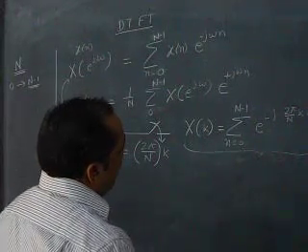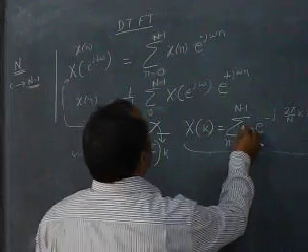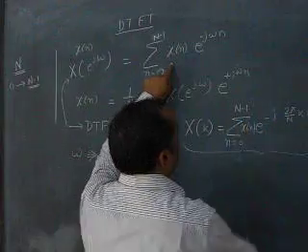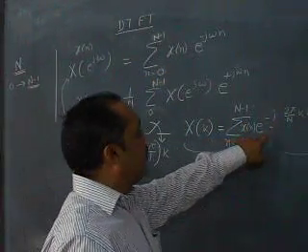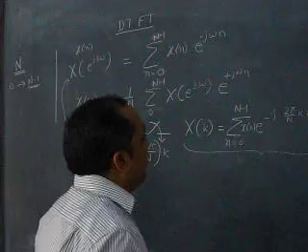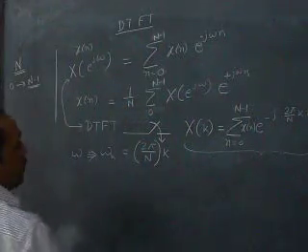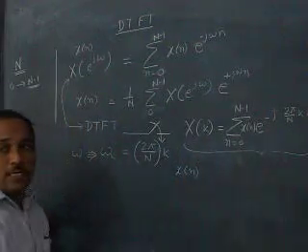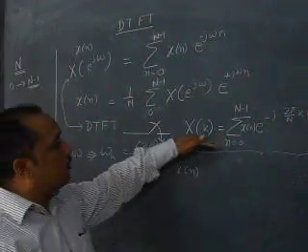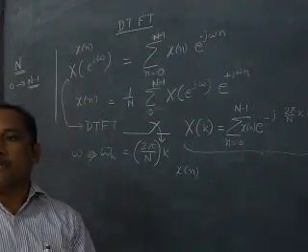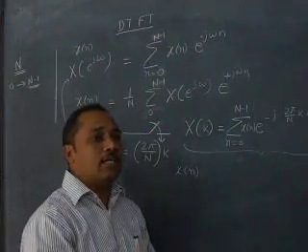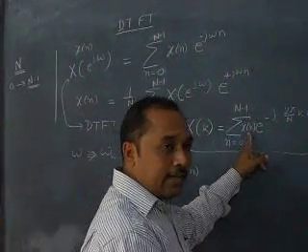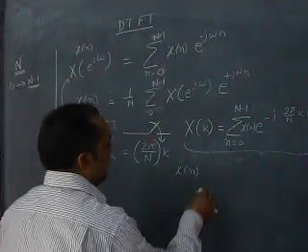Now here we have skipped this one, which one? x of n, yes. The x of n function itself will be multiplied by this one. Now in order to compute the IDFT, that is in order to reconstruct the signal, this is the process of the discretization. Suppose we have discretized the signal and we have processed the signal. Then after processing, suppose we are interested in reconstructing x of n, then how will x of n be reconstructed?